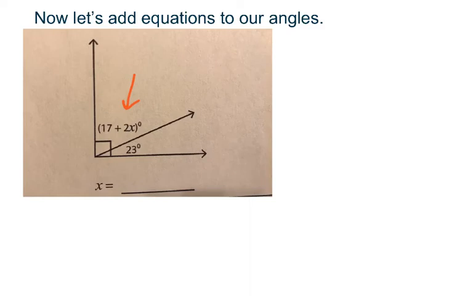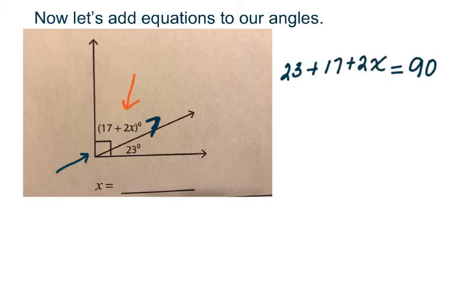Okay, so let's see. We know the angle is 90 degrees because of the corner. So I'm going to go ahead and write my equation over here, 90 degrees. Okay, and I'm going to put equals. Now I'm going to take these two angles and add them together. I'm going to go ahead and put the 23 first, plus 17 plus 2x. Okay.